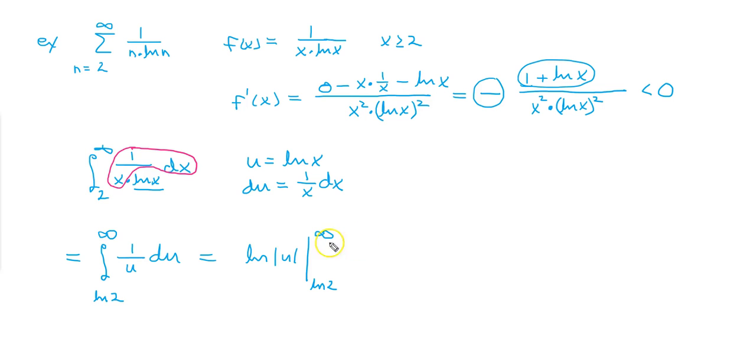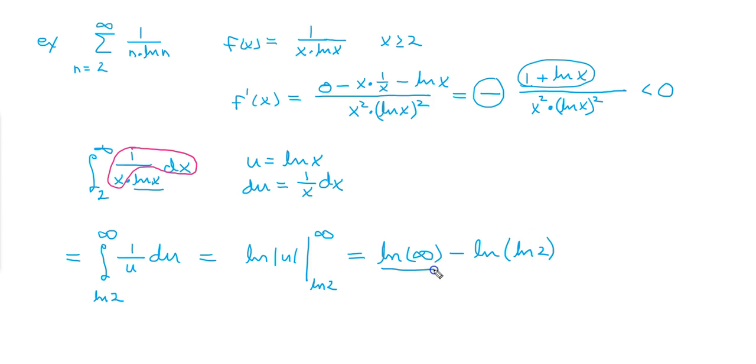I'm just doing the quick way. Instead of putting a b up here, I'm just going to put an infinity in here and interpret it that way. And so this is going to be the natural log of infinity minus the natural log of the natural log of 2.